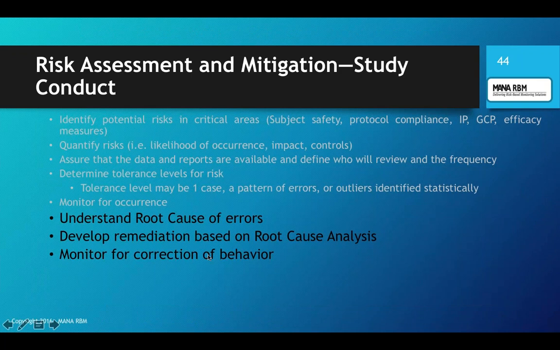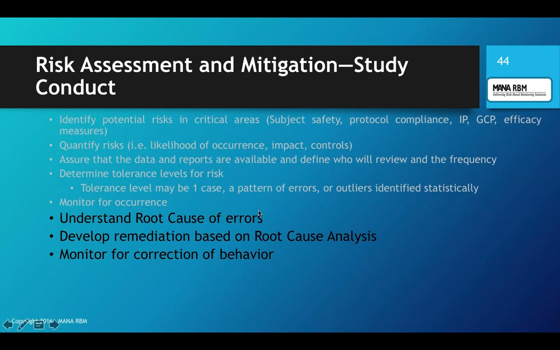Now, I grouped these together because they go together. As part of quality management, you identify your risk, you monitor for the occurrence of those high risk areas, and then for those high risk areas where you find errors, you need to do a root cause analysis. It's important to realize that you need to understand why it happened, then develop remediation based on the specific root cause, and then monitor for correction of behavior.